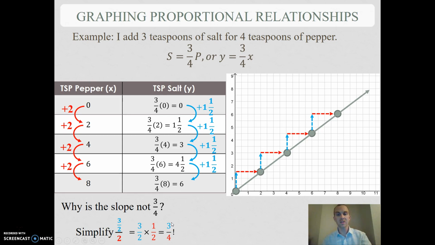I can see it on the graph as well. Say I go from 0, 0. If I rise 3 and run 4, that takes me to the point 4, 3. If I do it again, that takes me to the point 8, 6. And I could have done it between any 2 points. That ratio will always simplify back to 3/4. And again, that's because we're keeping that proportional relationship through every ordered pair that falls on this line, y equals 3/4 x.